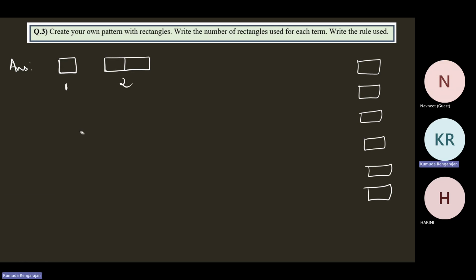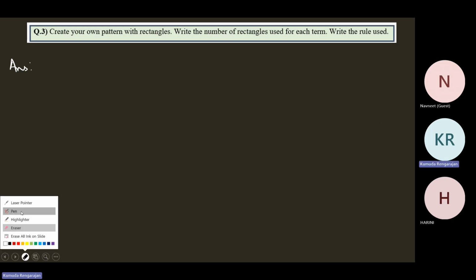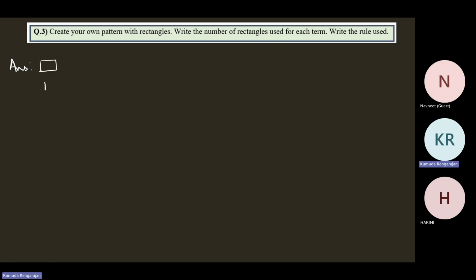For the first term, I'm placing one rectangle. For the second term, I'm placing two rectangles next to each other, together like this. For the third term, I'll place three rectangles.